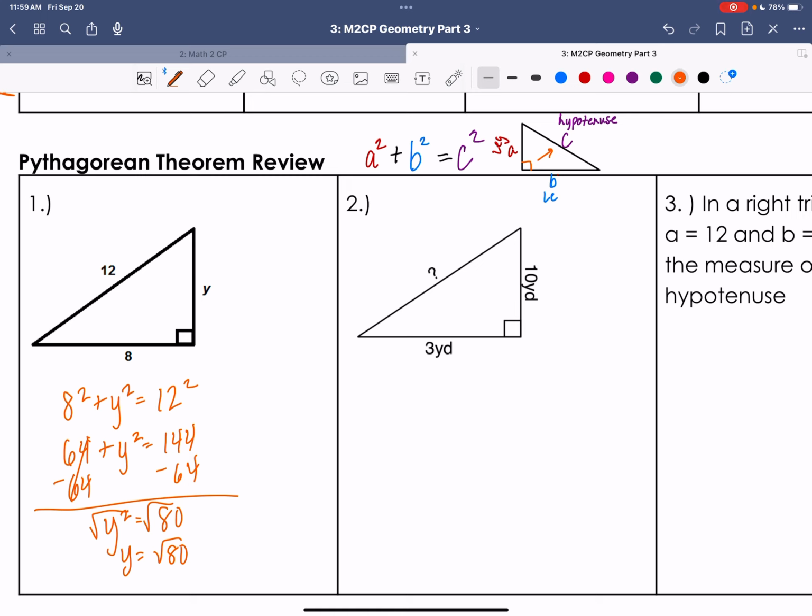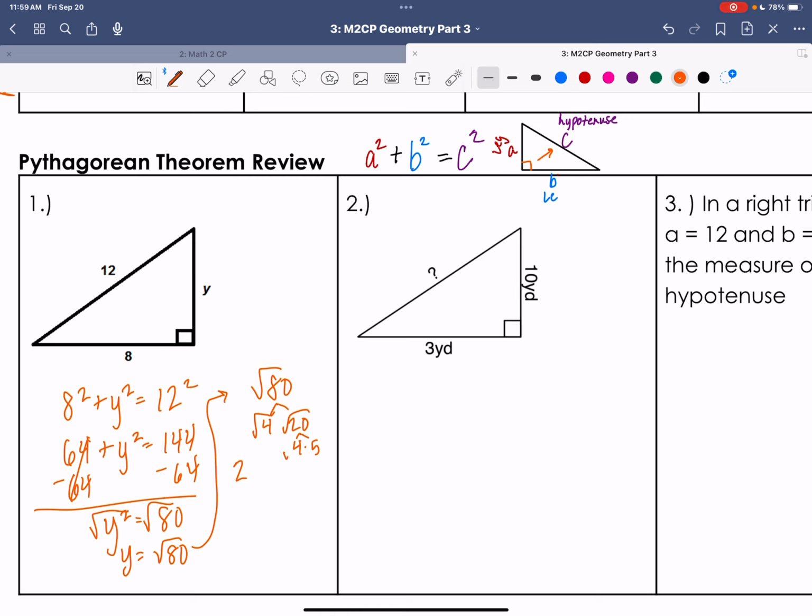Now, this would be one answer, but it's not simplified. So now we have to simplify the radical. So to simplify, you're going to take root 80, and you can factor it out. I know that this is 4 times 20. And this one I could take square root of 4, that's 2. And then 20 I know is 4 times 5.